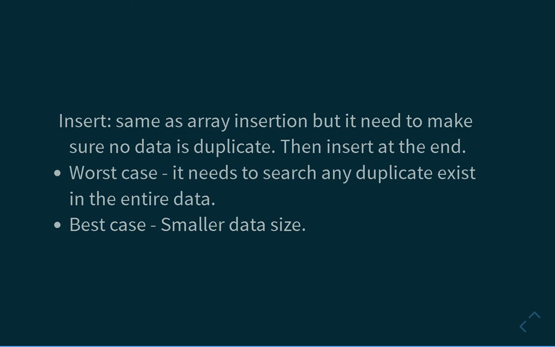The worst case scenario is that the data doesn't exist, or that the data exists at the end of our data structure. And the best case scenario is that the data exists at the beginning of our data structure, because it already exists there and we don't have to insert it, and it takes only one step, right? So that's why insertion is slower in sets.